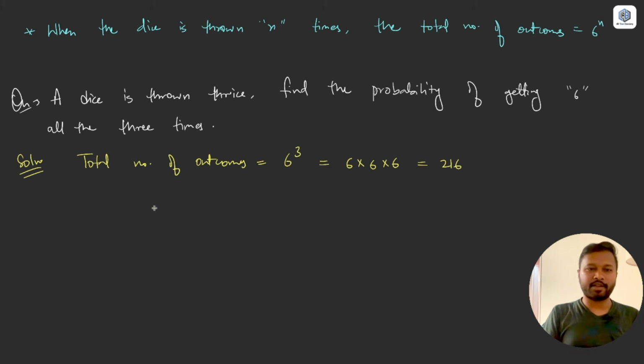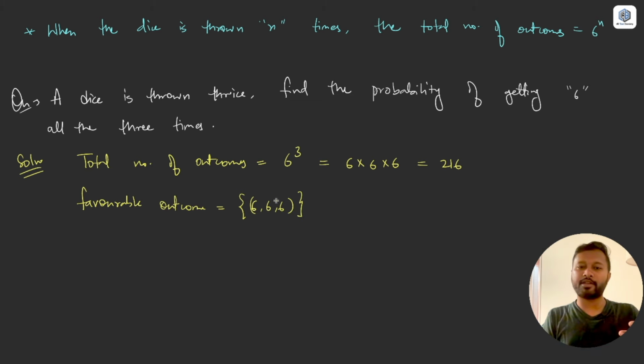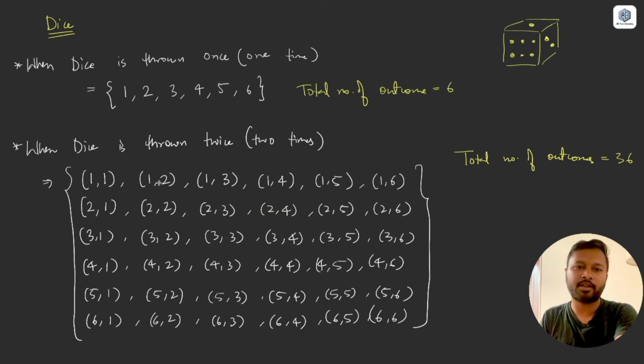But what is the favorable outcome? Favorable outcome means what do you need? It's just getting 6 6 6 all the 3 times. So in how many ways are you going to get this? Just get an idea from here. When the dice was thrown 2 times, how many times did you get 6 both times?